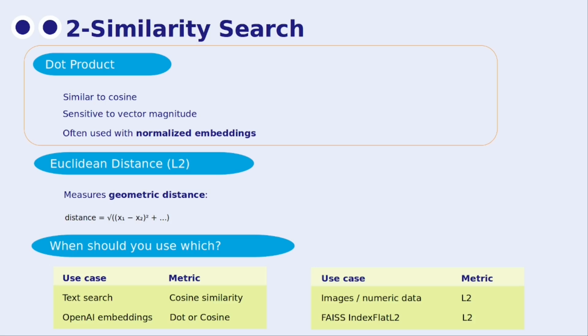Many embedding models normalize vectors, then use dot product. Euclidean distance, or L2 distance, measures straight geometric distance. FAISS is extremely optimized for L2 distance. Which one should we use? Important reminder: FAISS does not understand meaning. FAISS only does fast math.